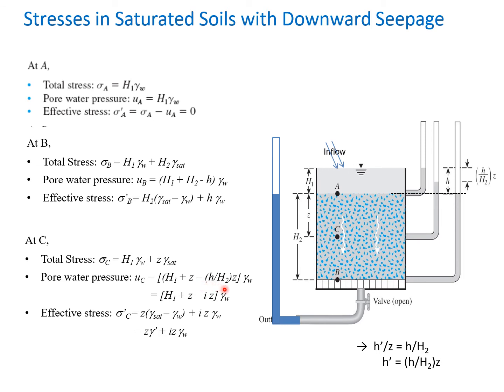H over capital H2 is the hydraulic gradient, so you can replace it by small i and write it like that, and thus the effective stress ultimately equals gamma submerged multiplied by Z plus i Z gamma W.